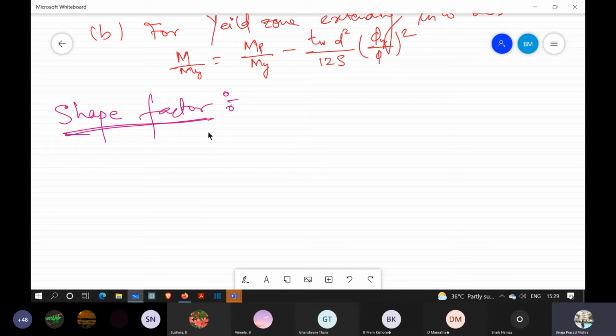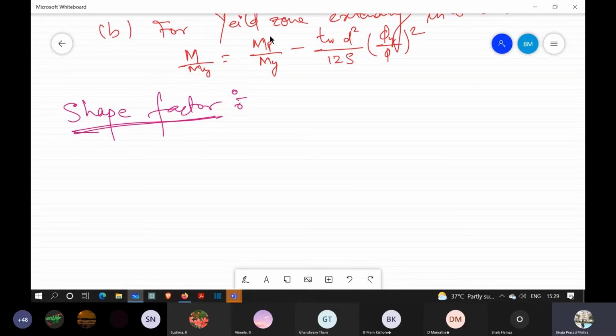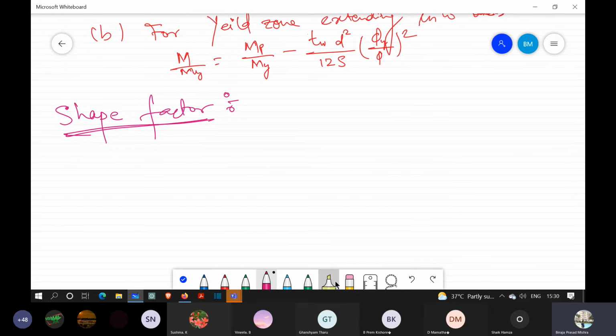The shape factor is the ratio of the plastic moment and the yield moment. Okay, this we have already seen. So that we call it the shape factor.